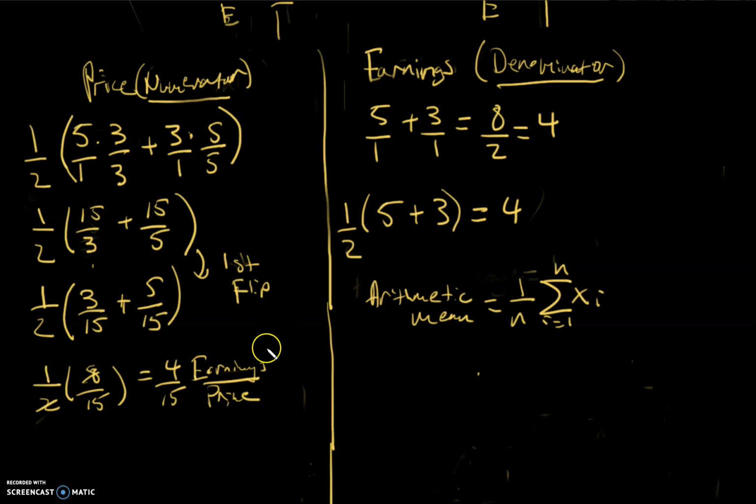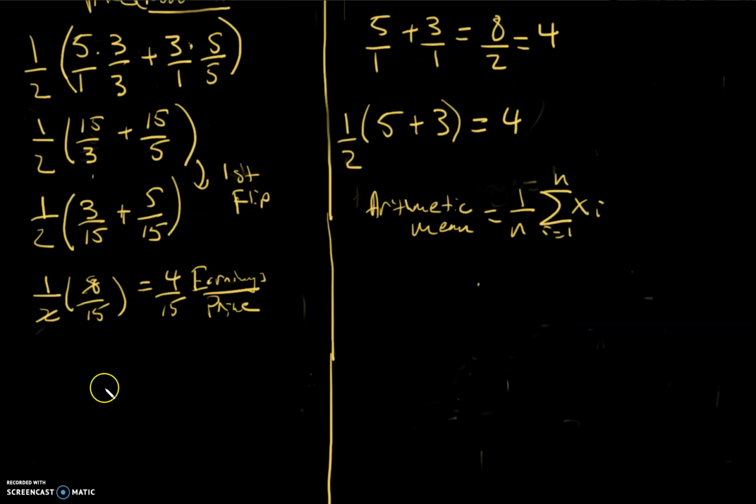But because the question asked us what's the PE of this portfolio, we need to flip this guy again in order to get this to be price to earnings rather than earnings to price. We have to undo the first flip. So if we flip it again, we'll have 15 over 4, or that's 3.75. And let's keep a note that we did a second flip.